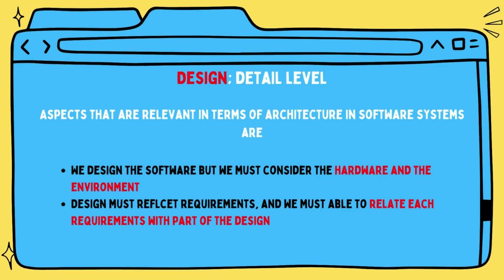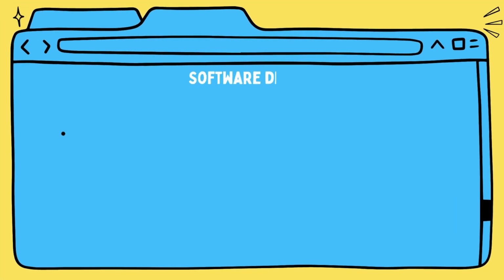Aspects that are relevant in terms of architecture in software system: we design the software, but we must consider the hardware and the environment. Design must reflect requirement, and we must be able to relate each requirement with part of the design.